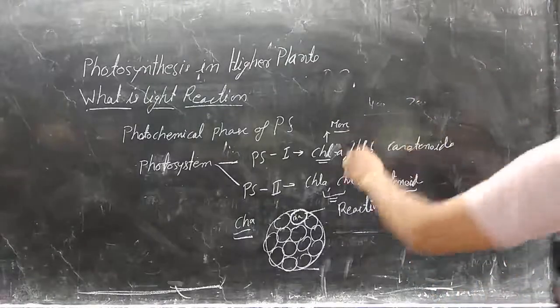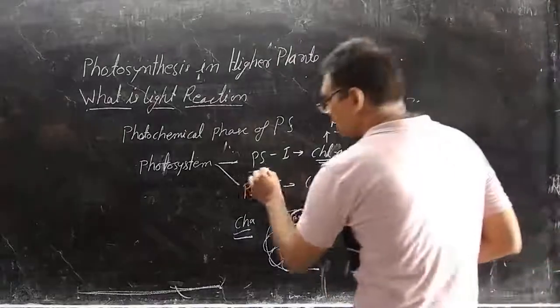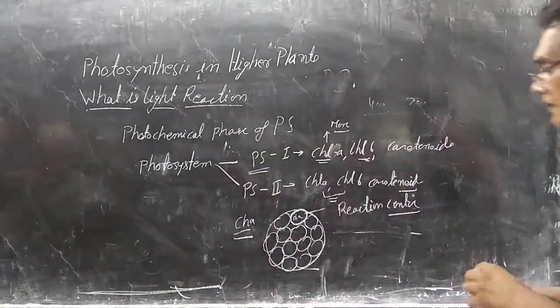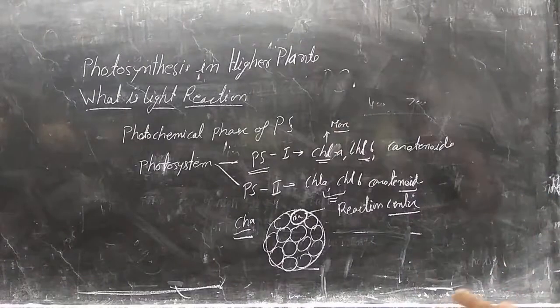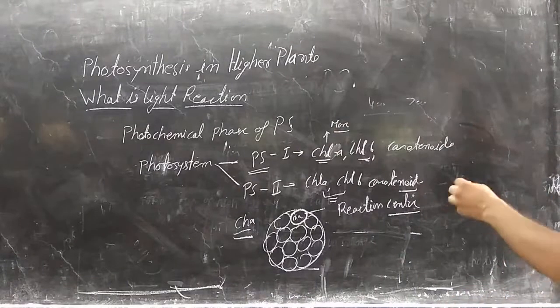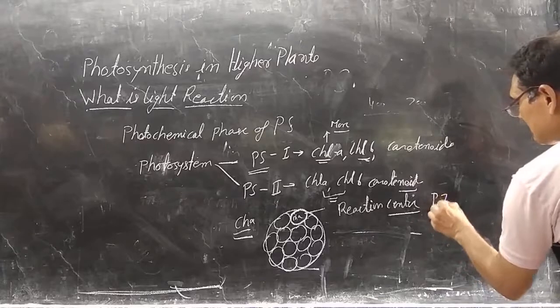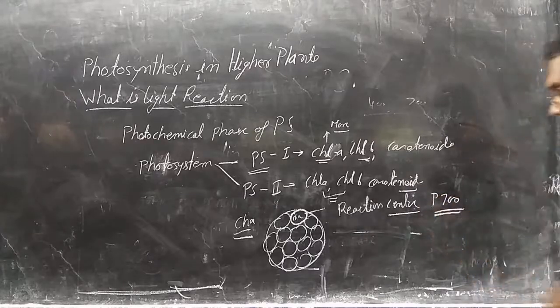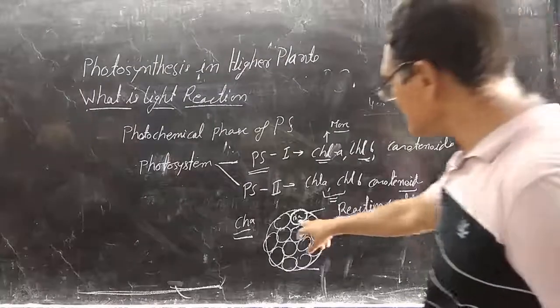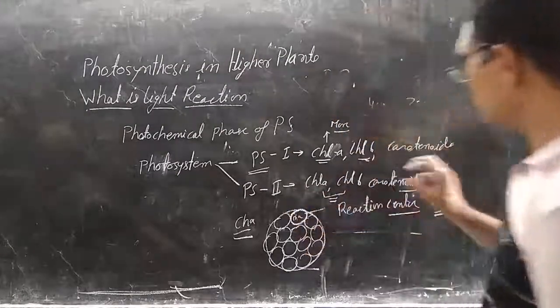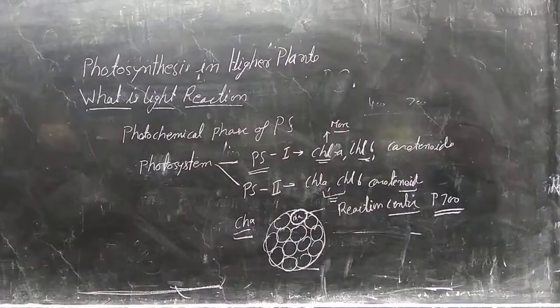In photosystem first, it absorbs high wavelength energy, and this reaction center is known as P700, made up of chlorophyll A pigments.